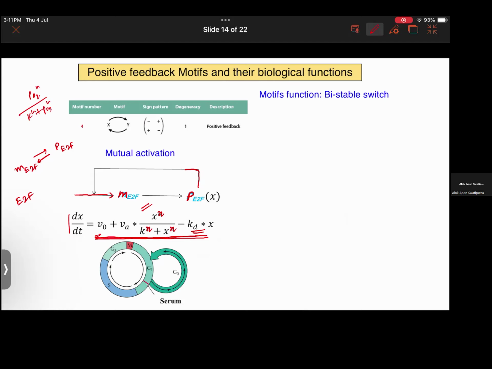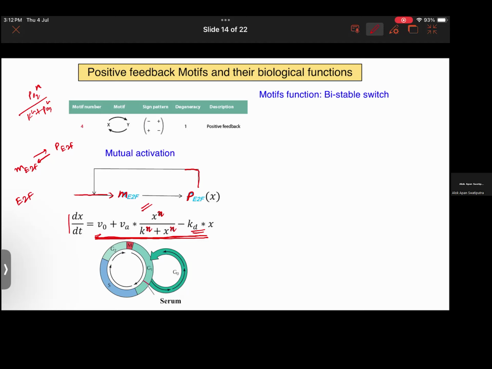So whenever you have polymer or oligomer formation, usually the system kinetics follows some exponential dependence. Here, this protein is activating its own mRNA production. The monomeric form of E2F does not act. Once E2F forms a dimer or a trimer or a tetramer, those forms actually carry out this process. That's why we have taken x to the power n.